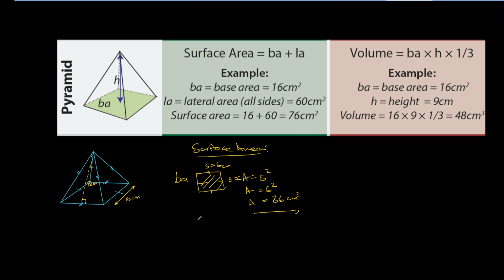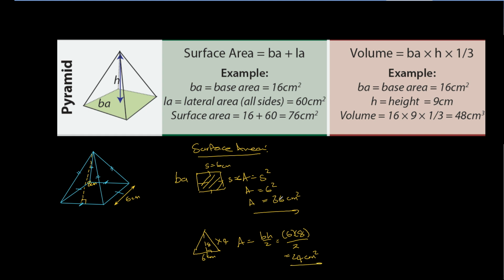Now we also have a triangle, and we have 4 of these, with a height of 8 and a base of 6 centimeters over there. The area of a triangle is given by base times height divided by 2. So that's 6 times 8 divided by 2, which is 3 times 8, which is 24 centimeters squared.